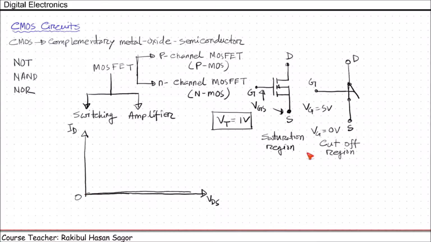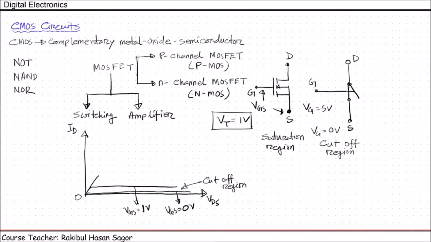That's why we call this region the cutoff region. Now as we increase the VGS, then the curve looks like this. This is for VGS equal to 0 voltage. When we are increasing the VGS, then this is VGS for 1 voltage.